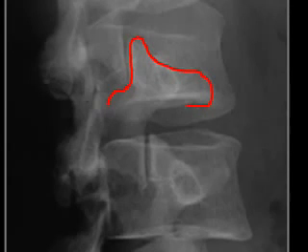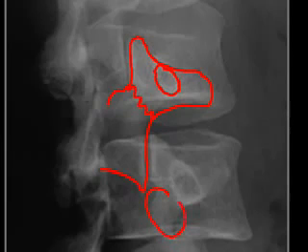The nose is the transverse process. The foot is the inferior articular process, the eye is the pedicle, and the junction between the superior and inferior articular facets represents the pars interarticularis, where we'd be looking for a collar if there were a fracture.